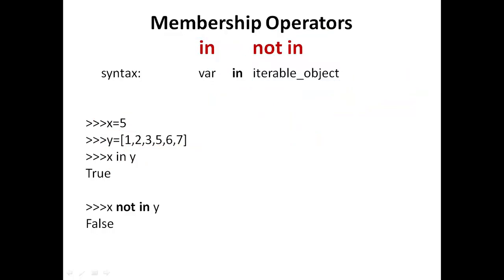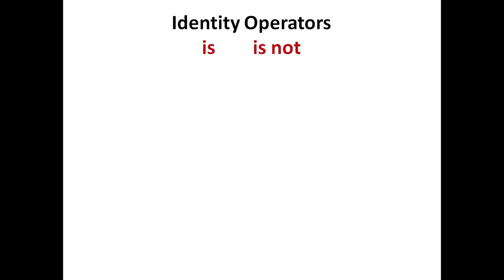Similarly, we have a not in operator which just checks whether a variable is not a member of an iterable object. So in this case, as x is a member of this object, the answer is false.